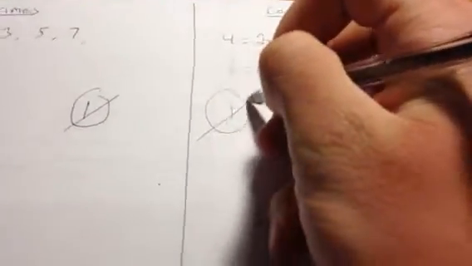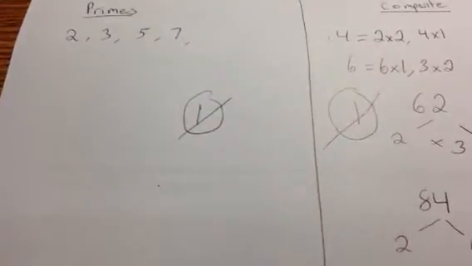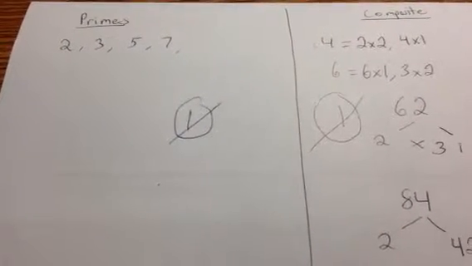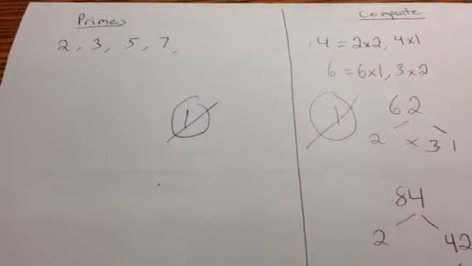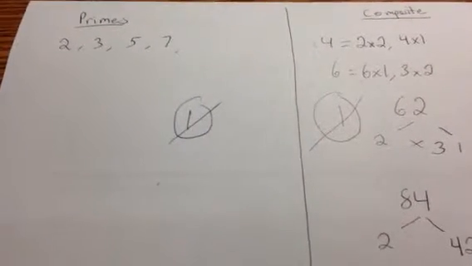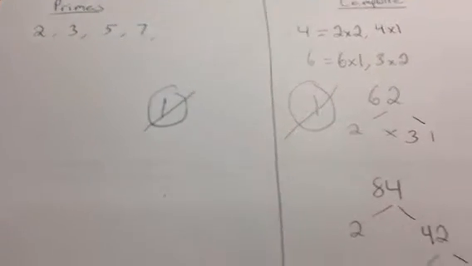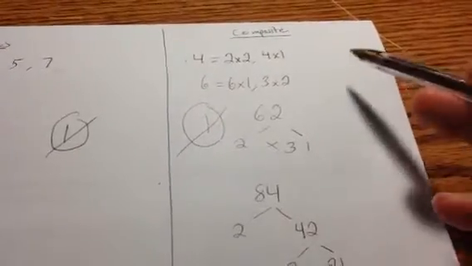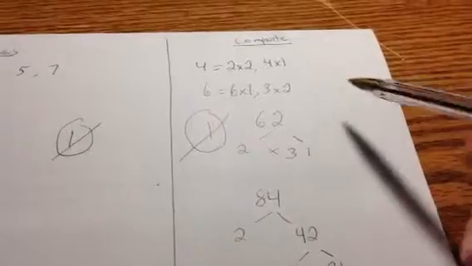No. 1 is neither prime nor composite, since the definition of prime is that it is a natural number greater than 1 that has no positive divisors other than 1 and itself. 1 only has one divisor, being 1. So it can't fit the definition of a prime, and it can't fit the definition of a composite because a composite number can be broken down into several different primes, such as these here.